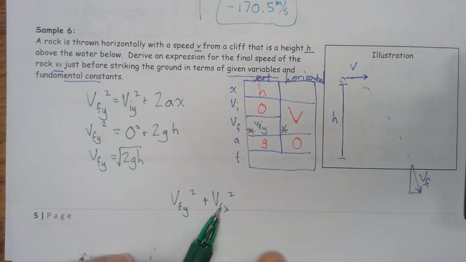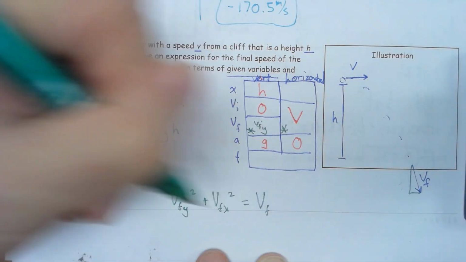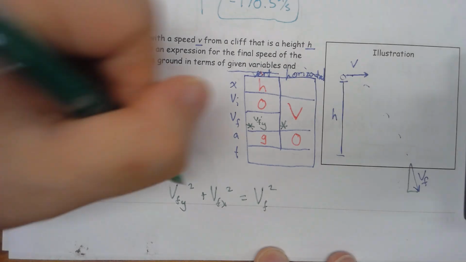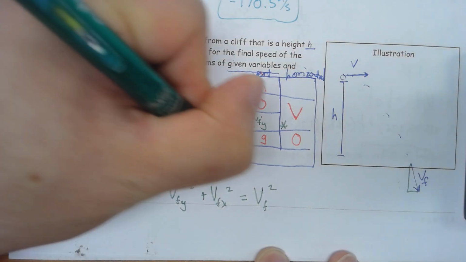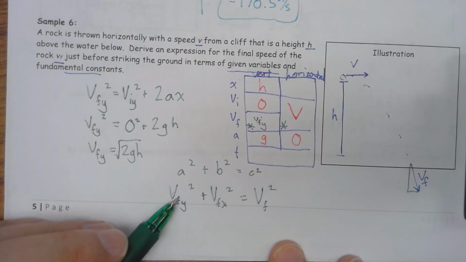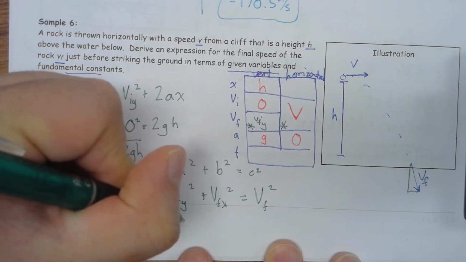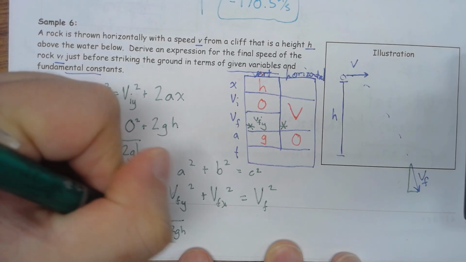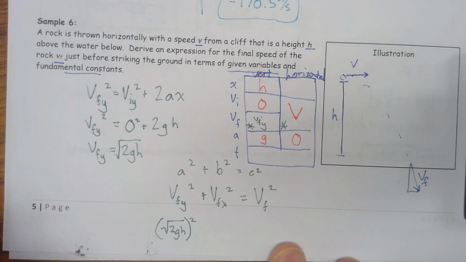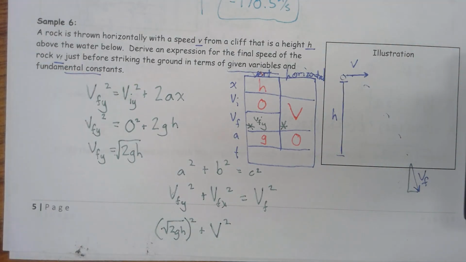This is just V. Because this is A squared plus B squared equals C squared. But these all have other nicknames. Well, this one's nickname is going to be root 2GH. And we're going to square that. Plus VX. Yeah, we just call this V. V squared. That's what they told us to call it.